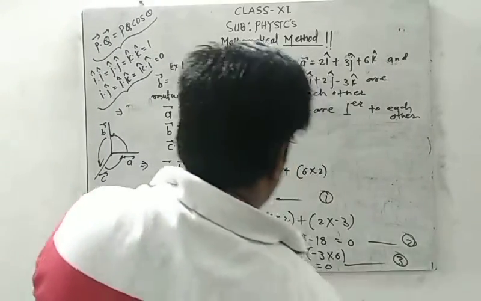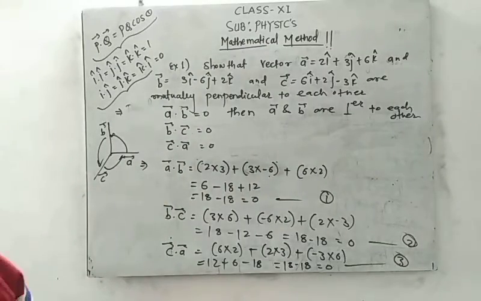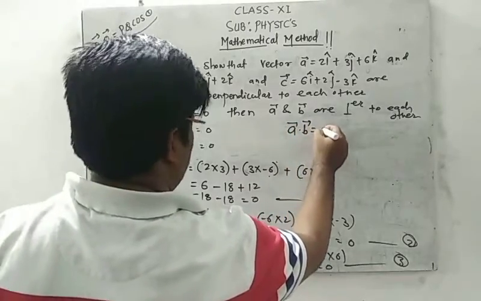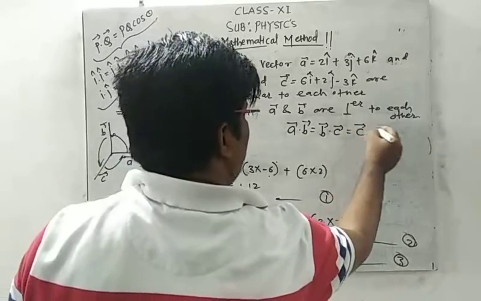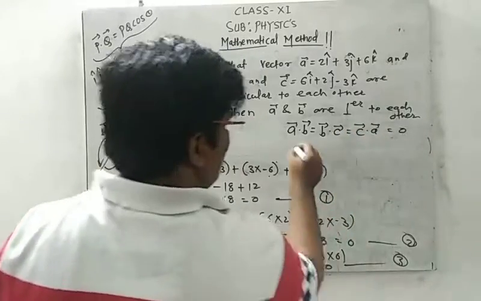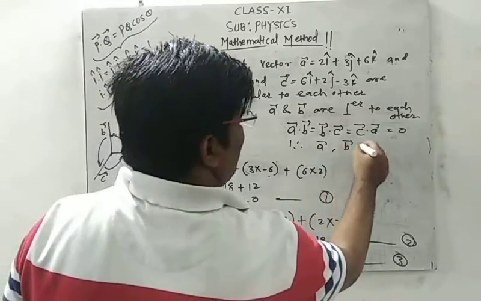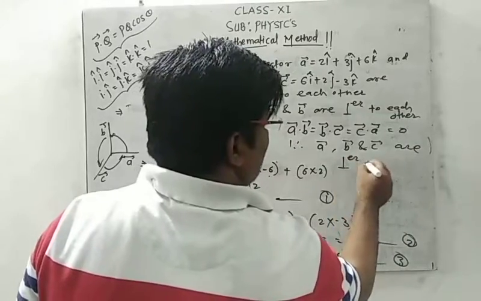This is equation number 3. So from equations 1, 2 and 3, a bar dot b bar is equal to b bar dot c bar is equal to c bar dot a bar is equal to 0, and therefore these three vectors a bar, b bar and c bar are mutually perpendicular to each other.